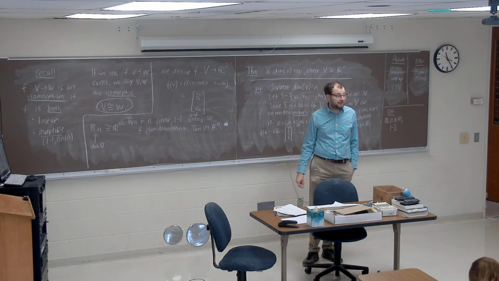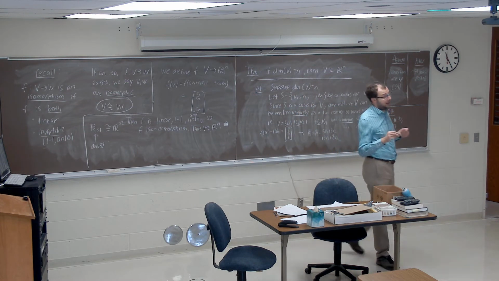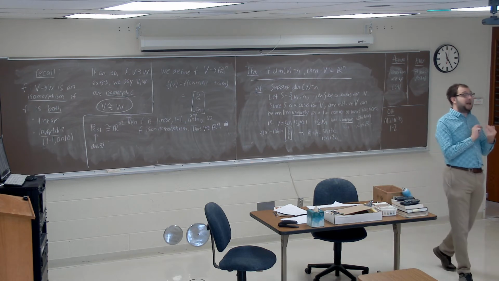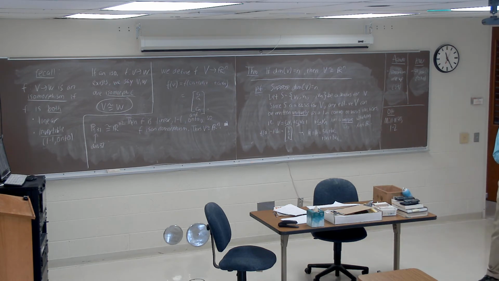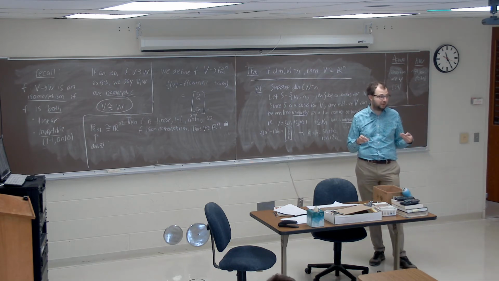But this theorem tells us we don't have to go looking for a specific function. We know there's going to be a linear 1-to-1 onto function that tells us that polynomials of degree less than or equal to 31 as a vector space mathematically behaves the same way as R32 does. Thank goodness we don't have to find an explicit function from one to the other, because that would be a long, complicated function, having to define how it reacts to 32 different parameters.